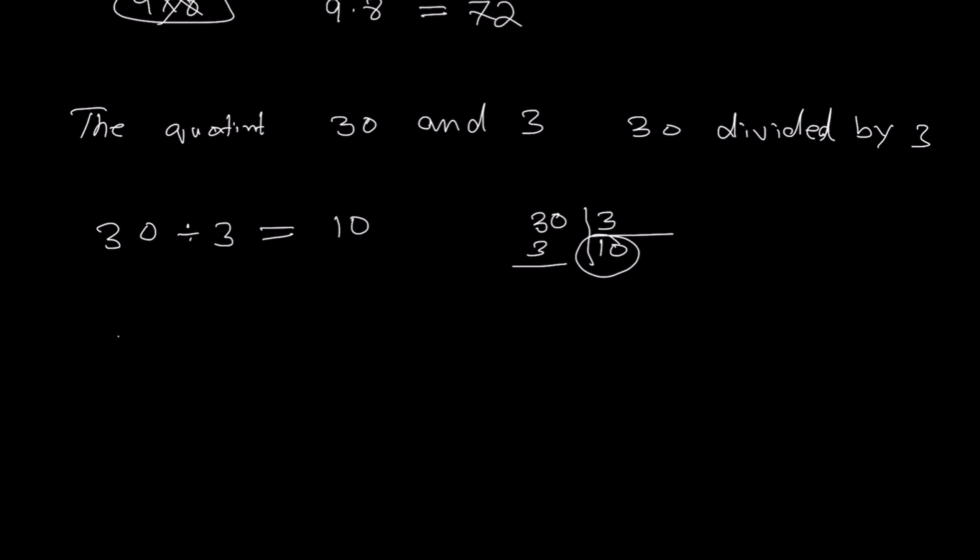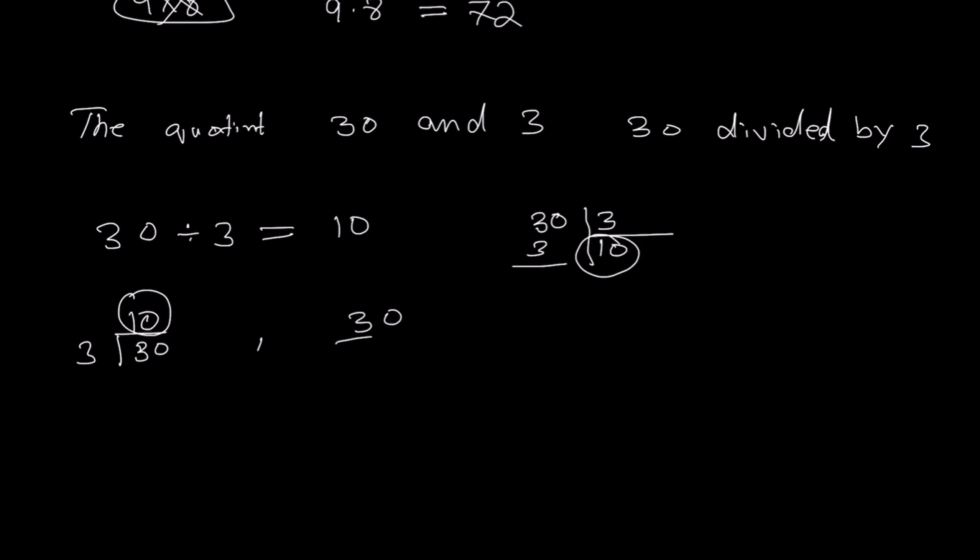Or we can do it the American, or normal, way: 30 divided by 3. 3 goes into 3 one time, and the 0 comes down right here, so that will be our result here too. We can also do it fraction-wise, as a quotient.